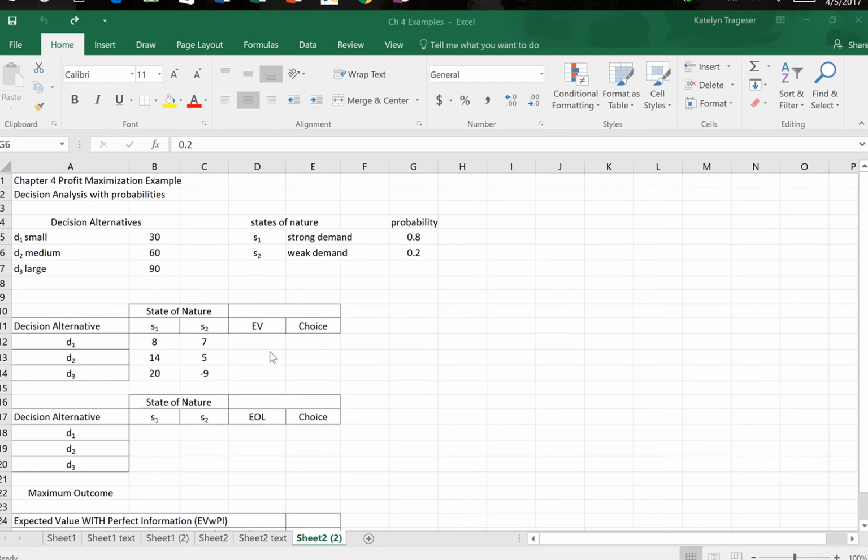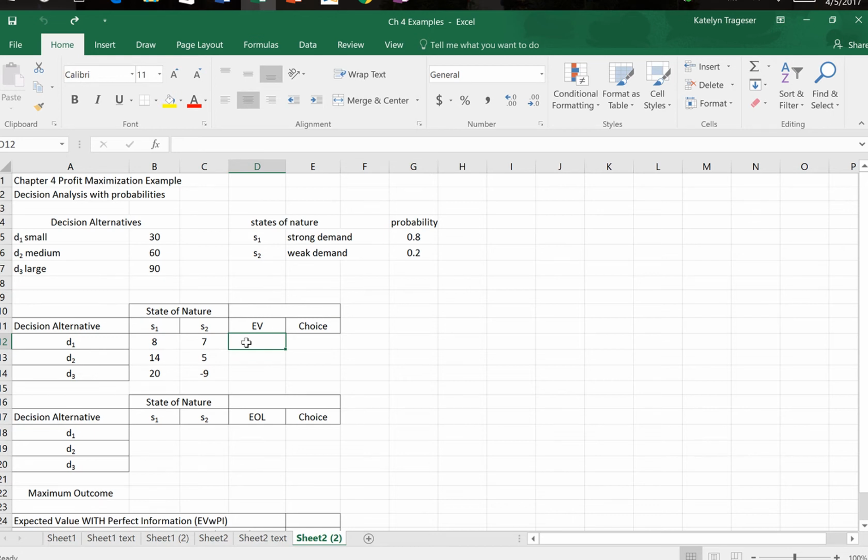Our first task is to calculate the expected value for each decision alternative. So in this expected value column here, we want the payoff for each state of nature multiplied by its probability.